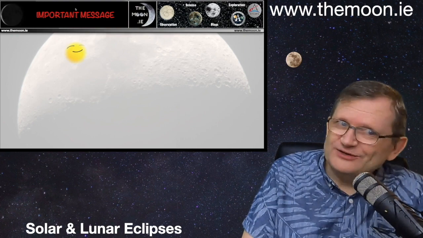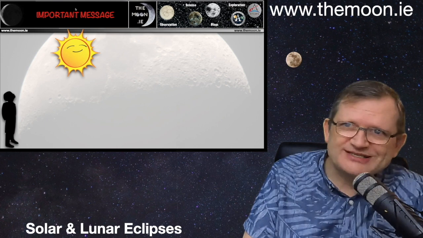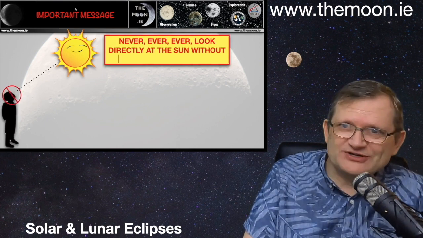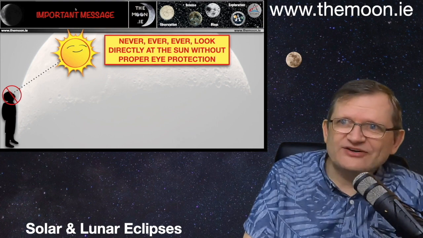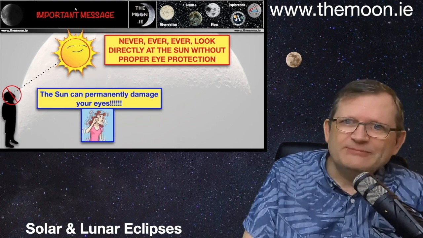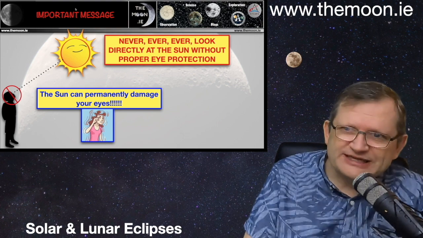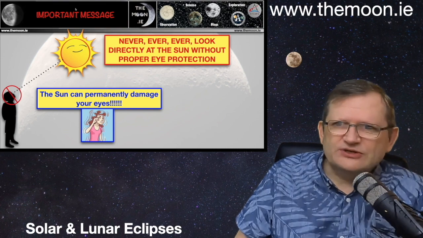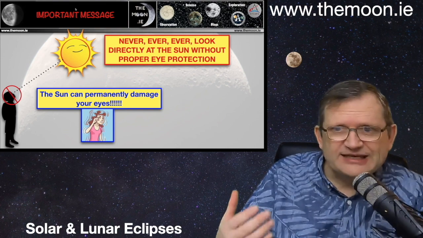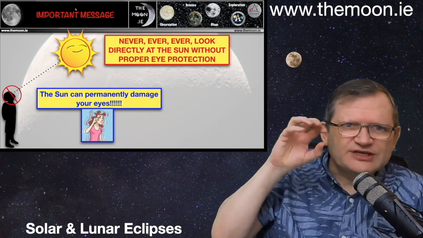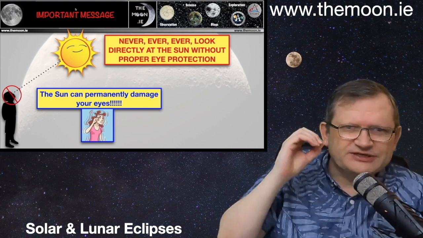Finally, you've seen the slide before, but it's worth saying again. Please, when you want to observe the sun, never, ever look directly at the sun without proper eye protection, because the sun can permanently damage your eyes. Something you may not know, which I'm sure you will learn in school, is that the back of your eye is clustered with light sensors and a big optic nerve.